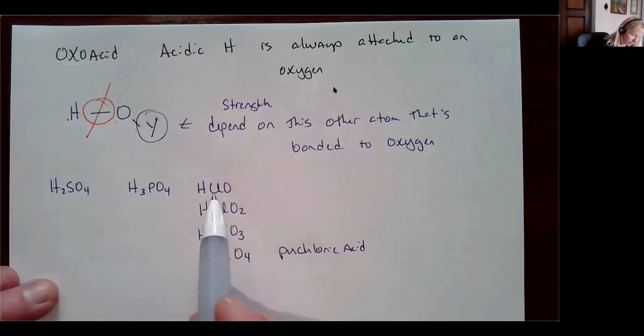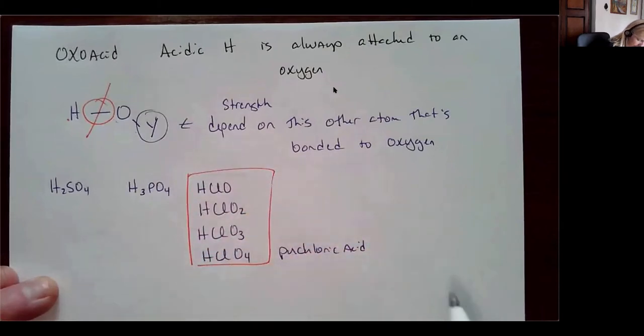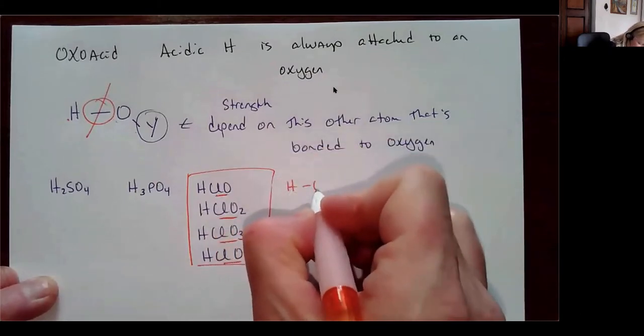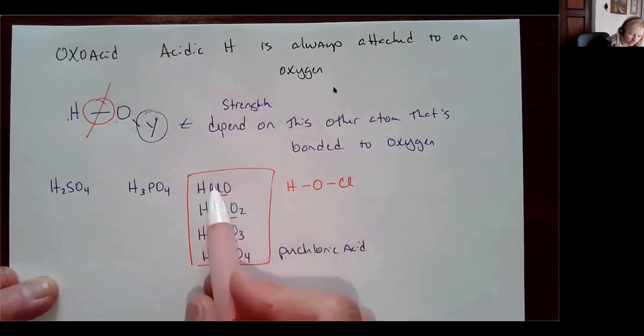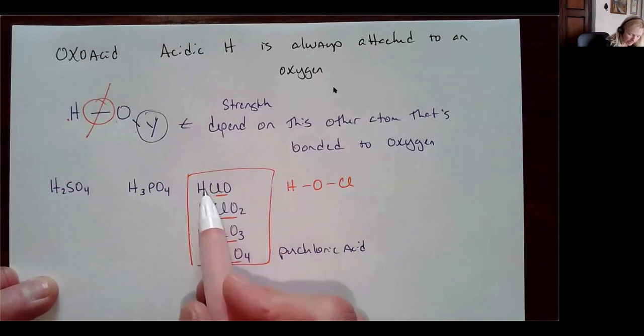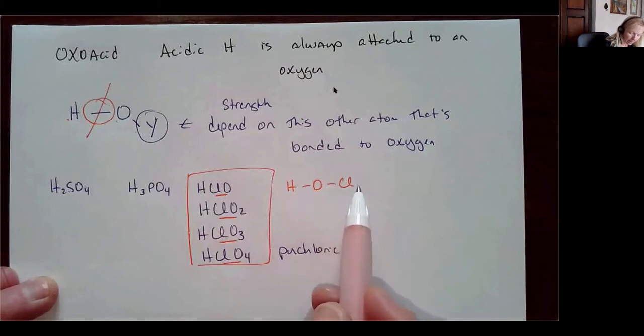Even though it's written this way, what this really means, if I look at the series here, is that this is the polyatomic ion, and the polyatomic ions are written this way. But really the structure is hydrogen bound to oxygen bound to chlorine. So even though oxygen isn't written directly beside hydrogen, this is the structure. This is the bond that I'm breaking. This is my atom Y here.